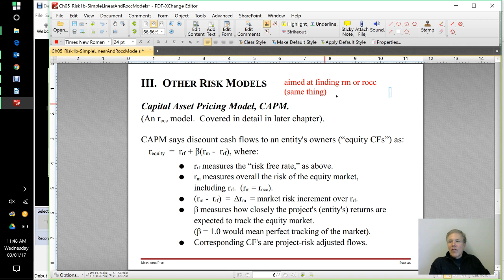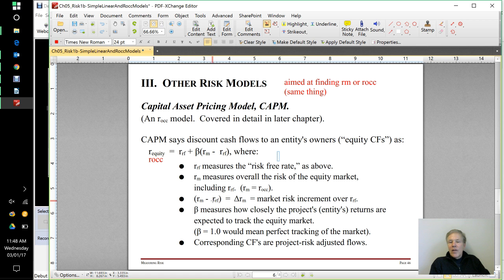And in this case, RM has a slightly different meaning than we've been using it for. So here I'm going to say our equity is ROCC. What the CAPM model means by RM is the overall risk of the equity market, okay? And that's going to typically mean all the stocks in the publicly traded stock market.